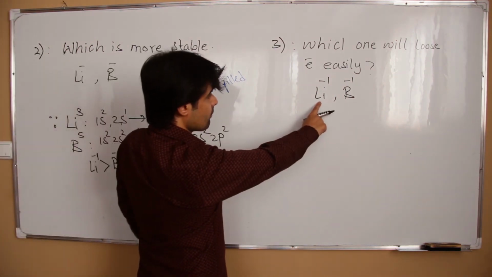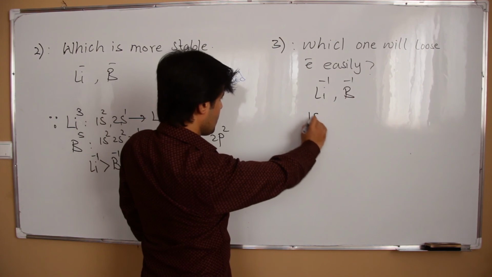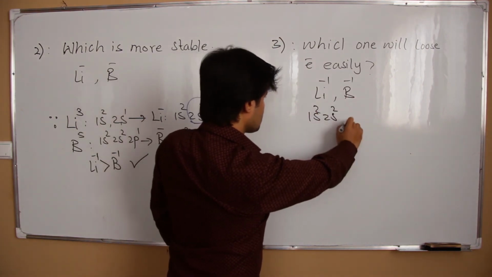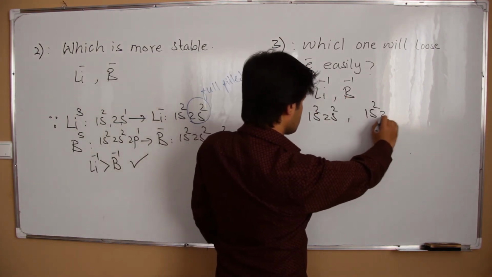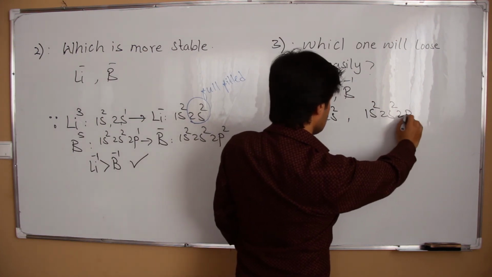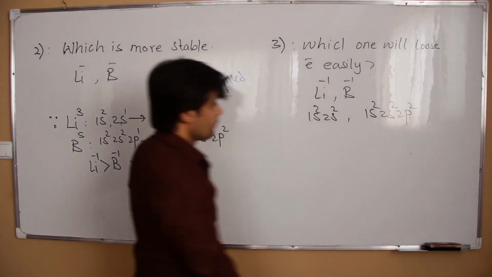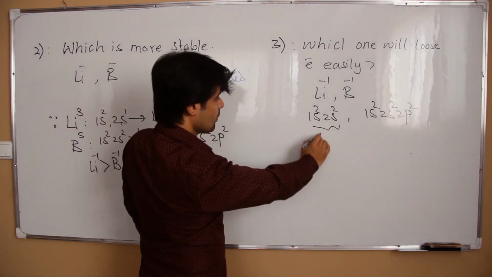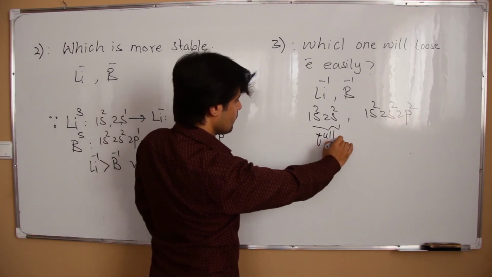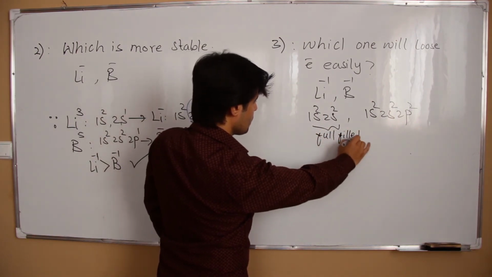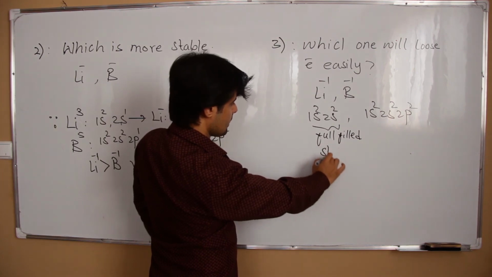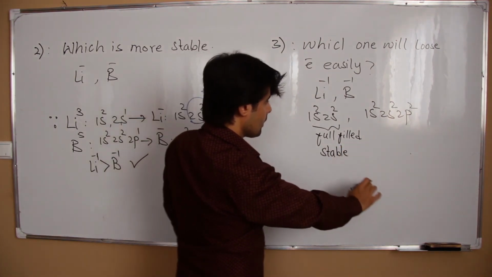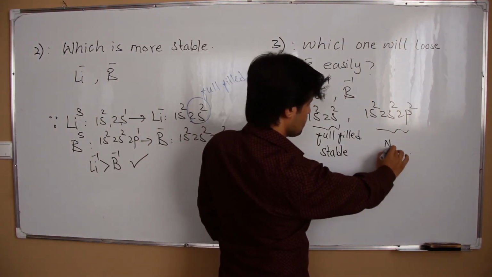The electron configuration for lithium minus is 1s2 2s2, and for boron minus it is 1s2 2s2 2p2. Lithium minus is fulfilled, so it is stable, and boron minus is not stable.